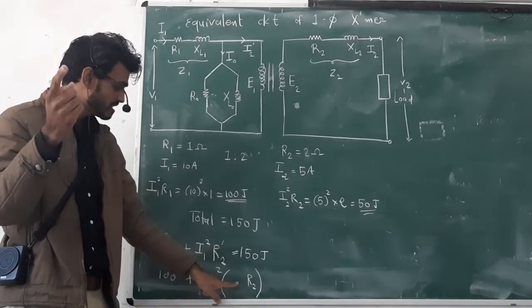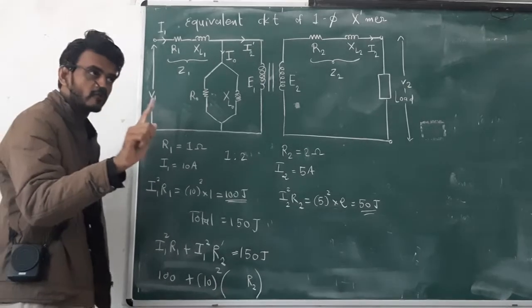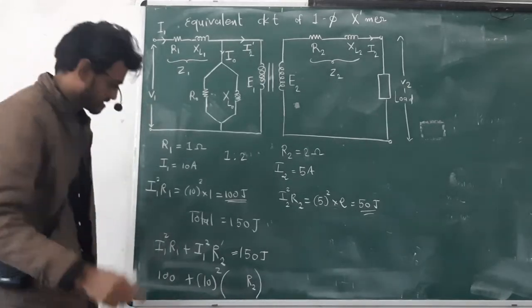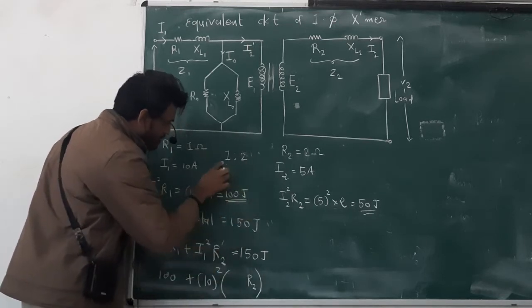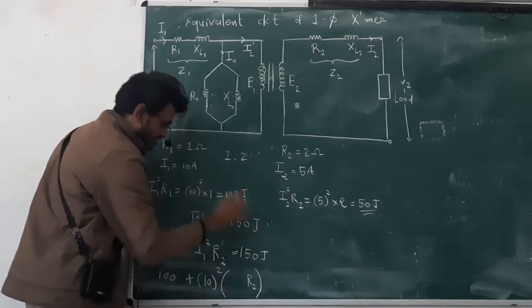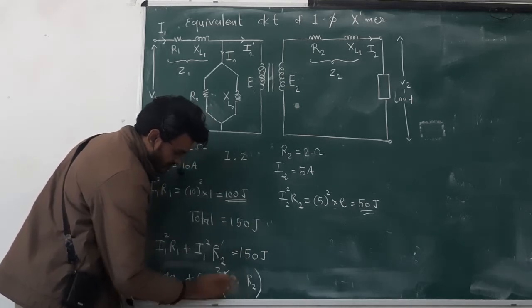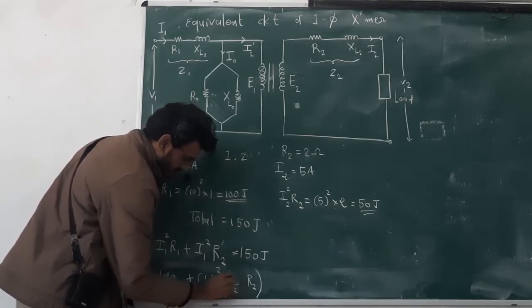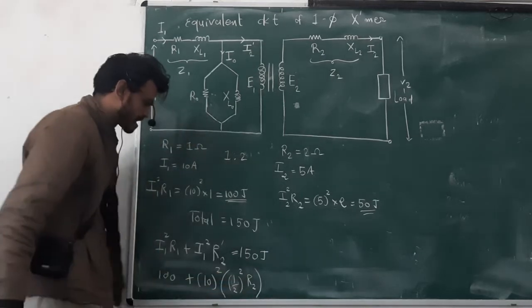So what is n2 by n1? k. And what is n1 by n2? 1 upon k. So I will do here transformation ratio 2 by 1, sorry, 1 by 2, and take its square, and R2 as it is.